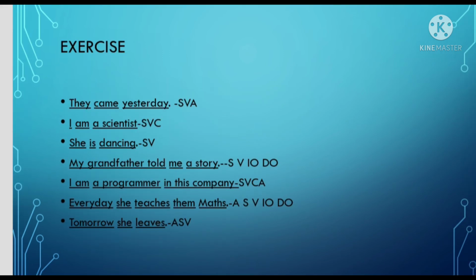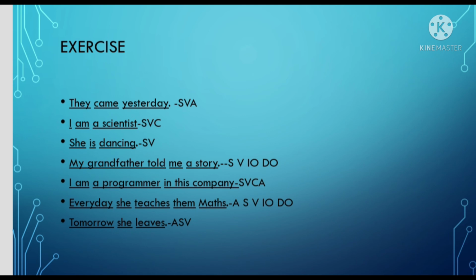Look at these sentences. They came yesterday. So here they is the subject, came is the verb, yesterday is the adjunct. When? Yesterday. So it is the adjunct. Then I am a scientist. So here I is the subject, am is the verb, a scientist is the complement. So without the words a scientist, the sentence is incomplete.